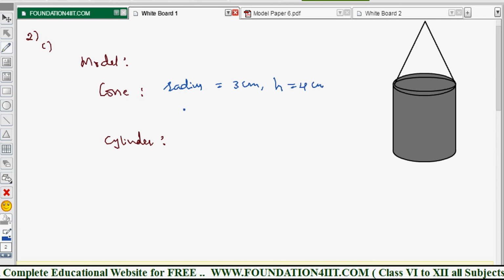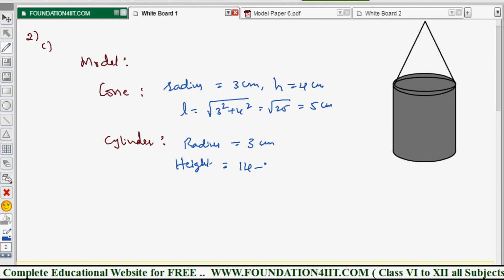We can find the slant height: l is equal to the square root of r square plus h square. So 3 square plus 4 square, the square root of 25, that is 5 centimeters, the slant height of the cone. Coming to the cylinder, the radius is the same, 3 centimeters, and the height: from the total height of 14, if you subtract the cone height, the remaining is 10 centimeters. This is the data.